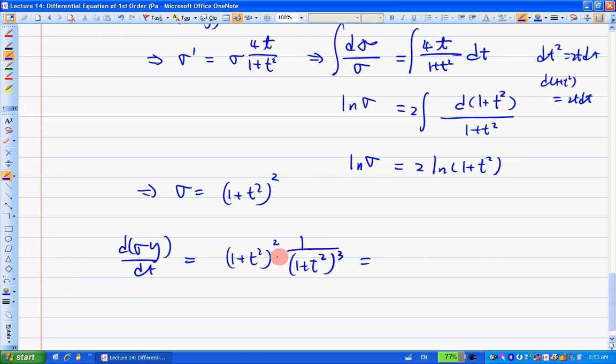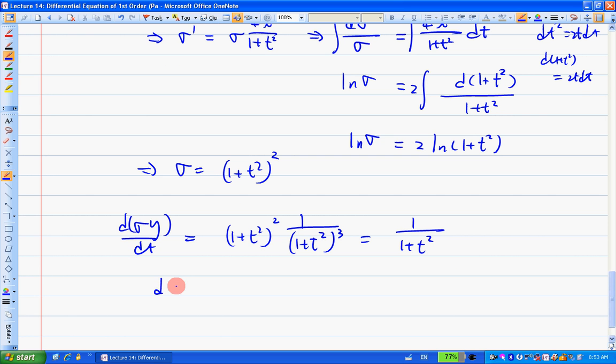This term cancels, leaving 1 plus t². Now separate the variables: move the dt to this side. So d(σy) equals 1 over this, dt. And integrate.